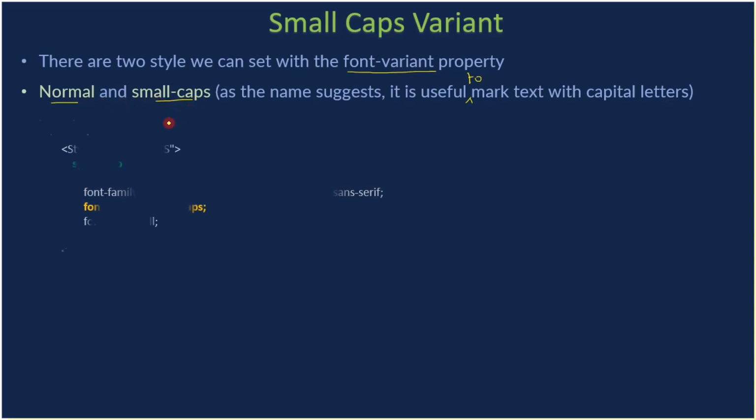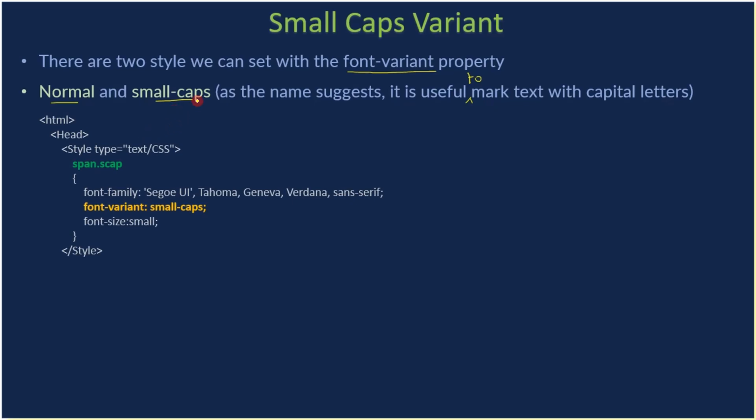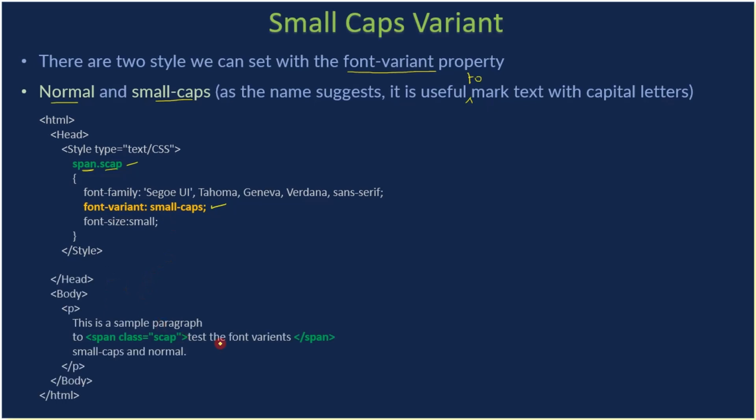Once you go to the demo, you will come to know how to use it. Here you see span.scap, which is the class we are creating. The class here is scap, and we are applying it to the span tag. This is how we have to use it: font-variant: small-caps.